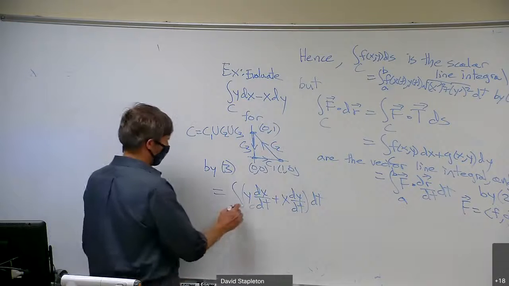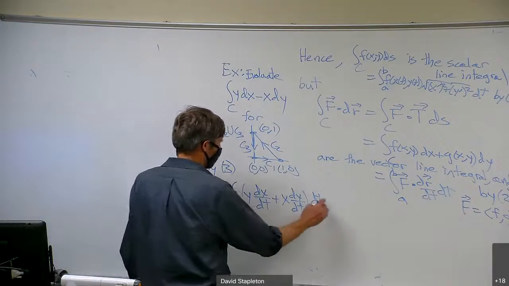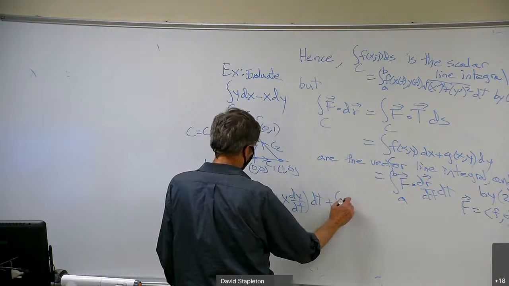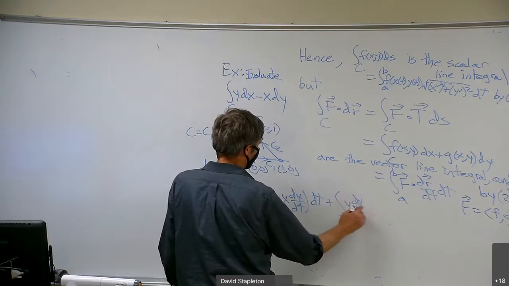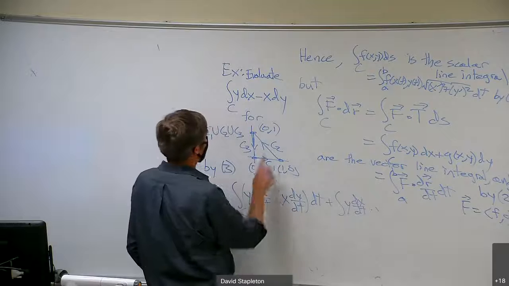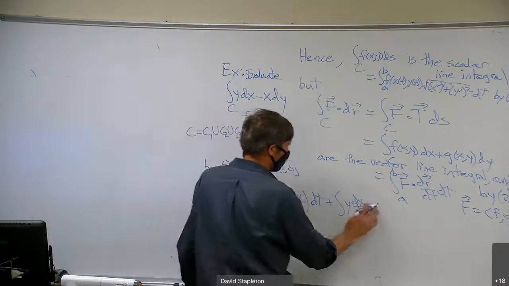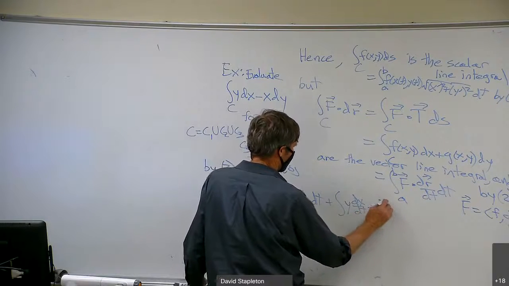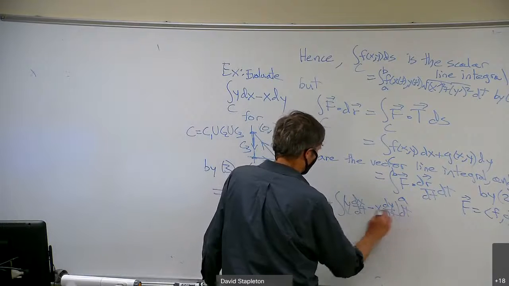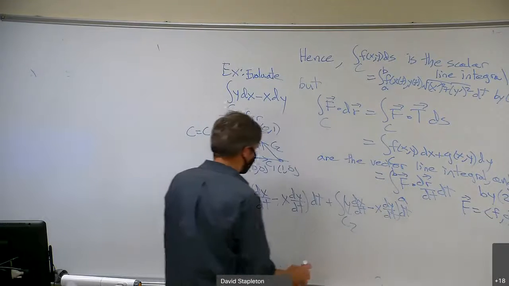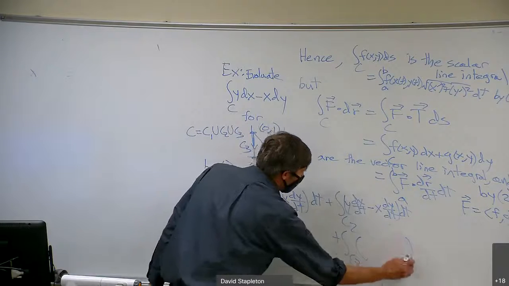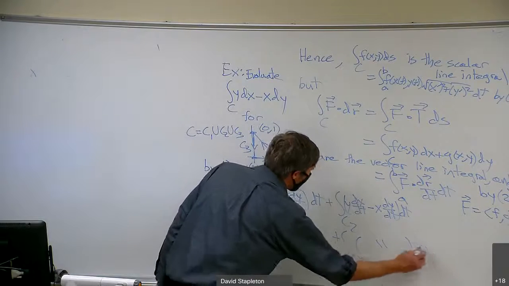So I'm going to take this as the integral along C1 plus the integral along C2. This is minus, I'm sorry, plus, it's minus. Plus the integral along C3. The same.